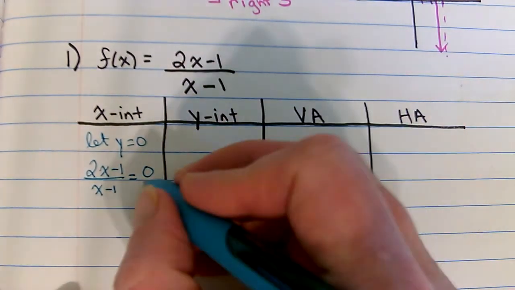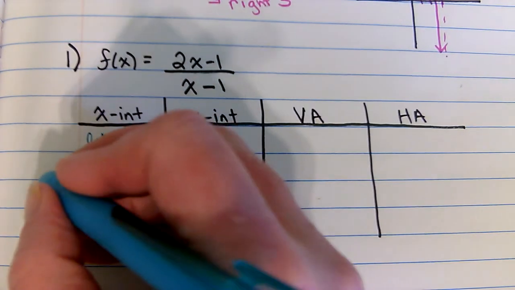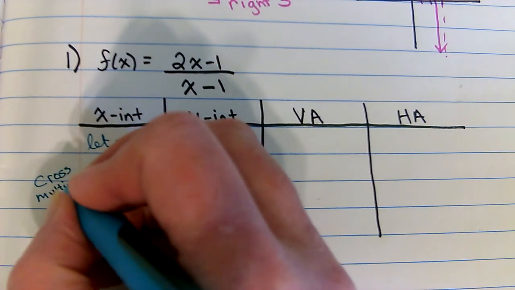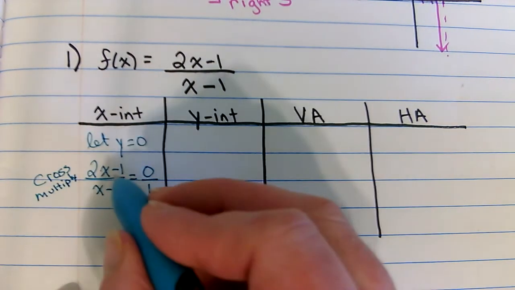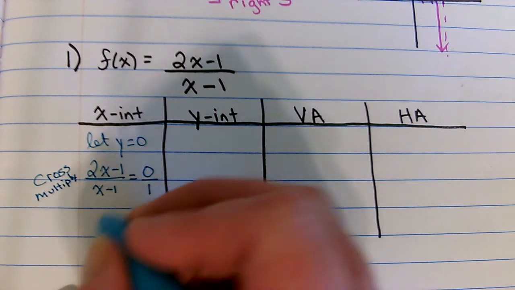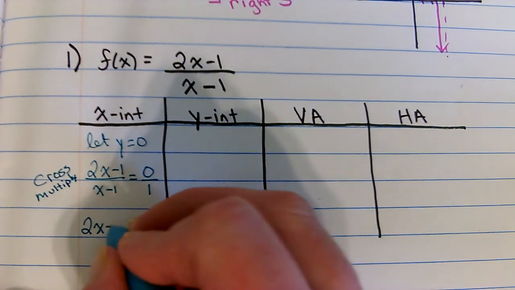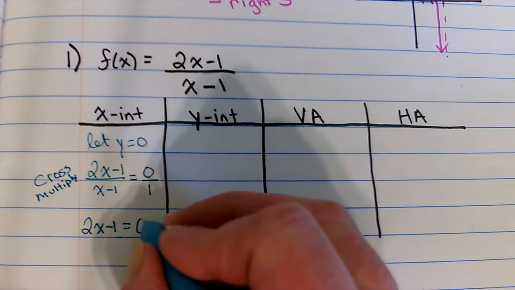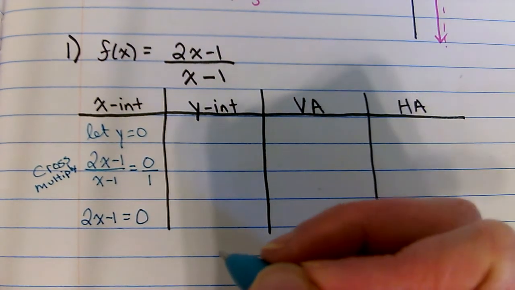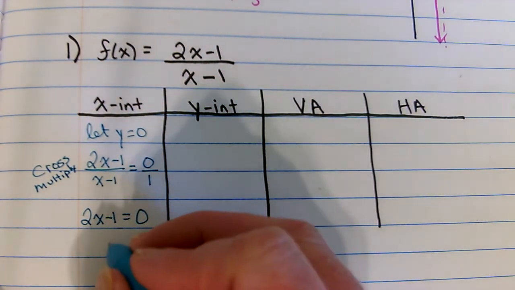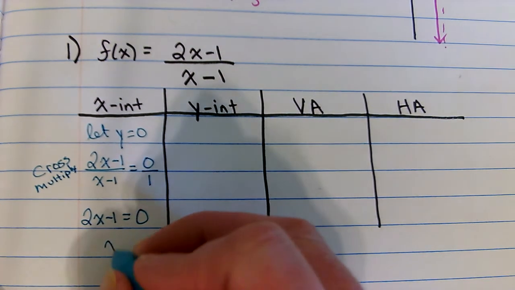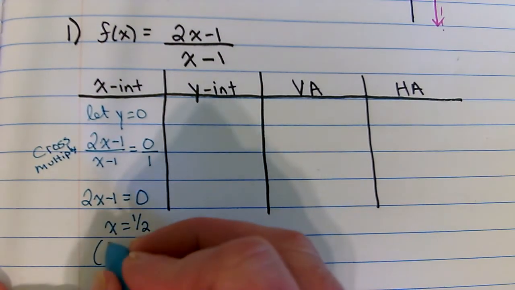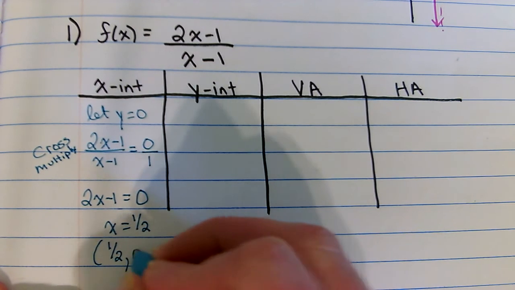And if I make this equal another fraction, I can cross multiply. So I'll have 2x minus 1 times 1 equals x minus 1 times 0. And now I have to solve. So I'd add 1, then divide by 2. That's going to give me x equals 1/2. So my x-intercept is the point 1/2, 0.